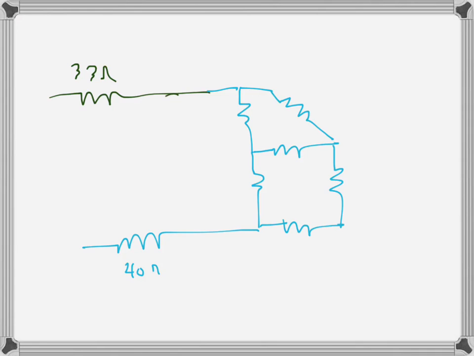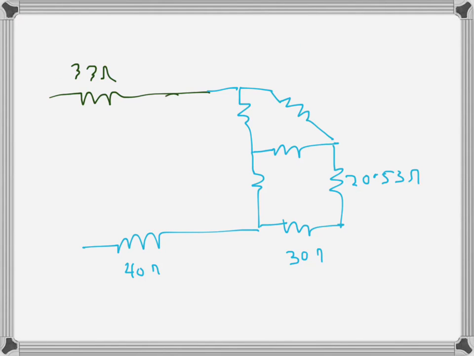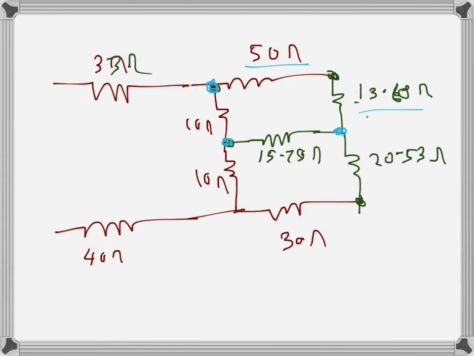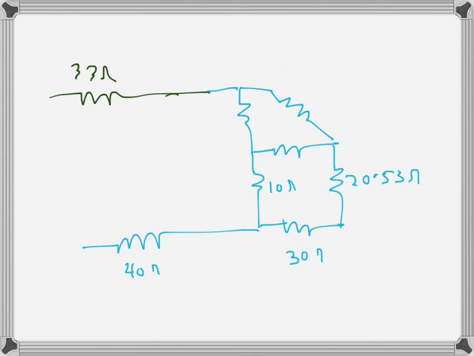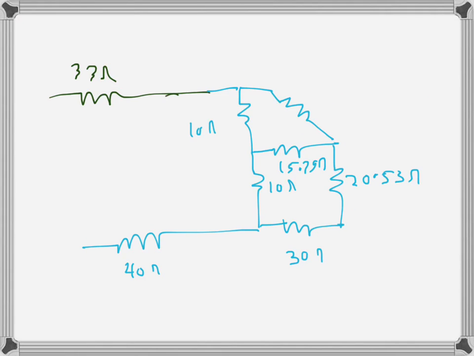So this is 40 ohms, this is 30 ohms, this is 20.53, the converted value there, 10 ohms and 10 ohms there, and of course 10 ohms and 15.79, 10 ohms, 15.79. I'm drawing it to look more like a delta, so I'm just adding these two values together, so that's 63.68 ohms.